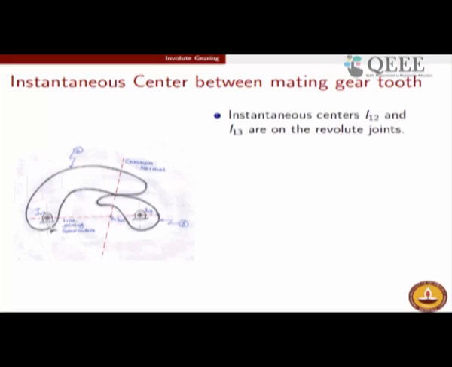Therefore, the instantaneous center of gear 2 with respect to the frame, denoted as I12, is the revolute joint which connects the gear to the frame, and that is what is shown here, I12.